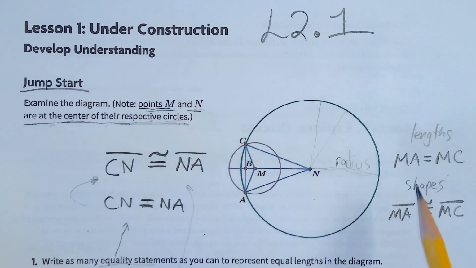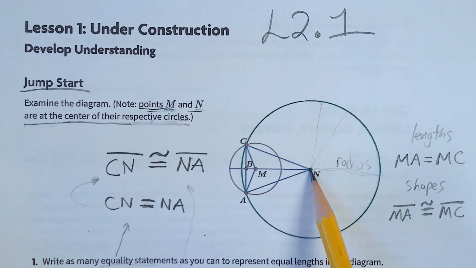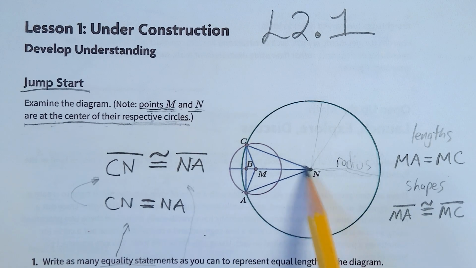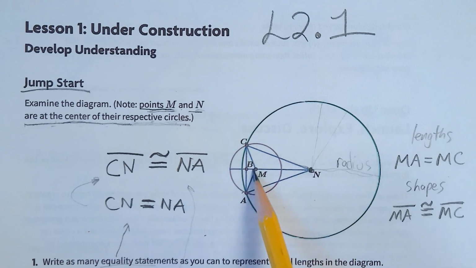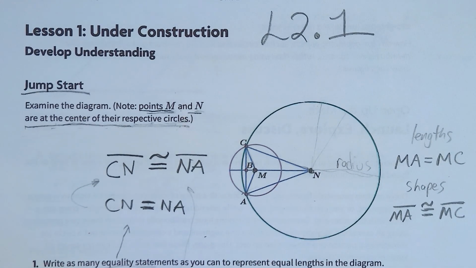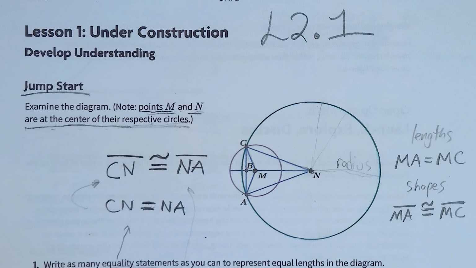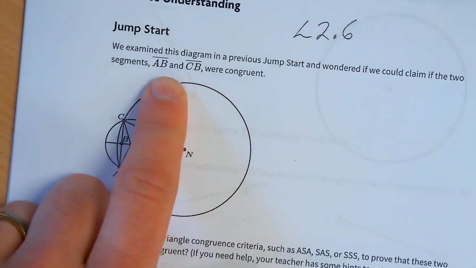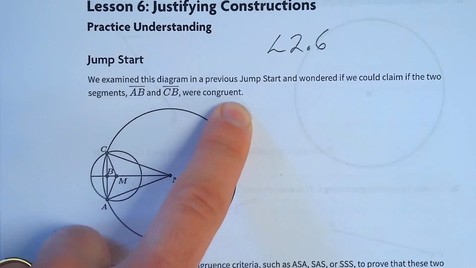And basically, all we were able to get was the radii, things that go from the center of one of the circles. CB and AB, though, weren't radii, so we weren't actually able to conclude anything about them. But now, they want us to conclude if they are congruent.